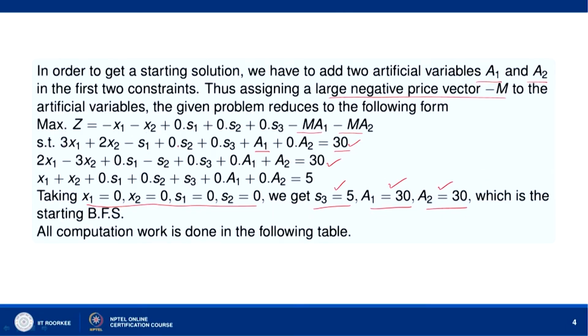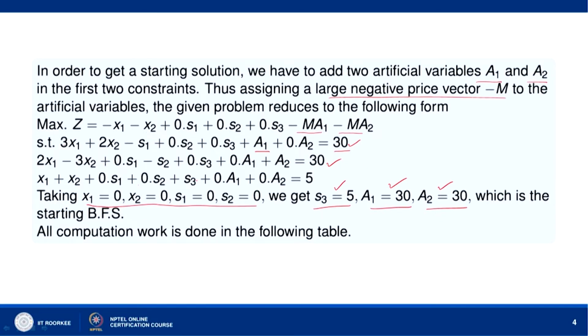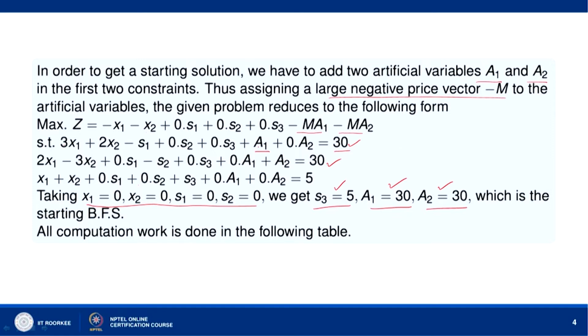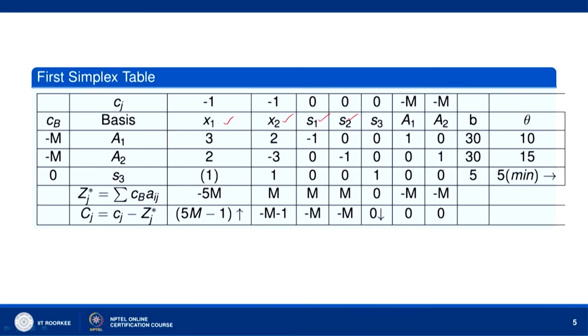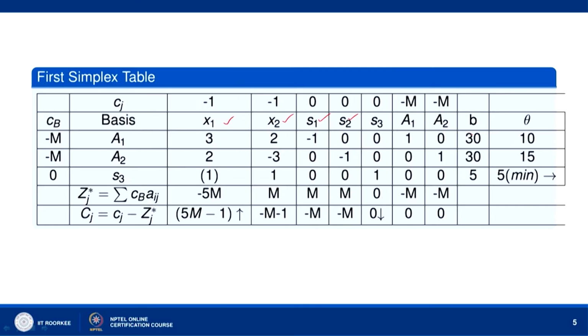Coefficients of s3 are 0, 0, 1. Coefficient of a1 is 1, 0, 0. Coefficient of a2 is 0, 1, 0. Okay. And the B column is the right hand side constants: 30, 30, 5. That is the B column.